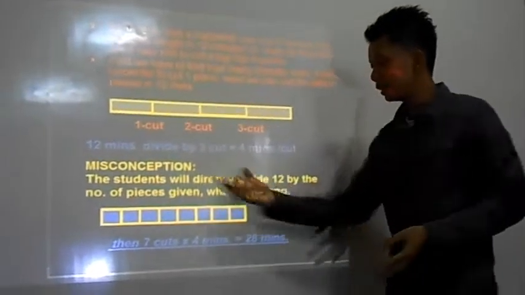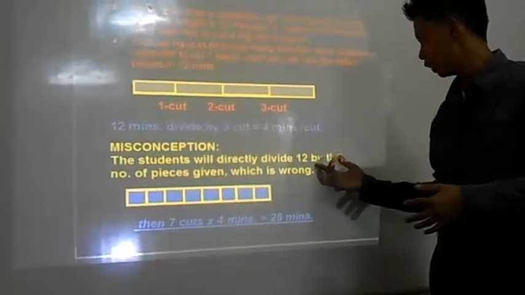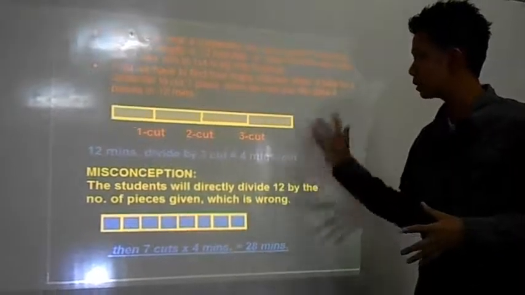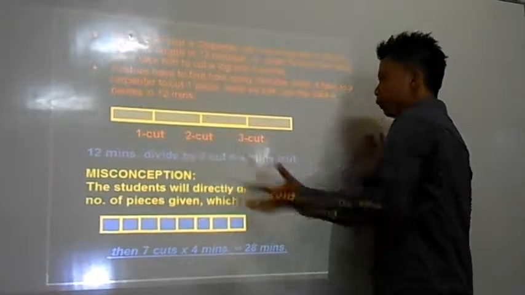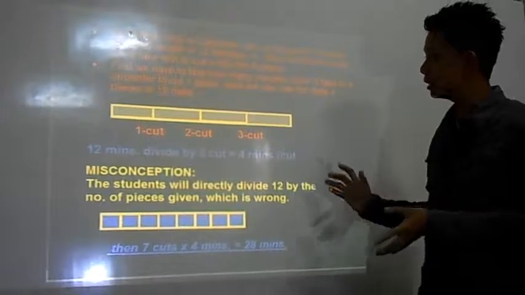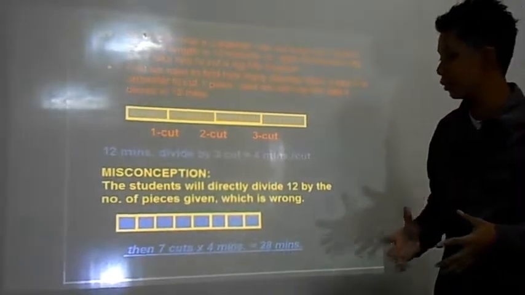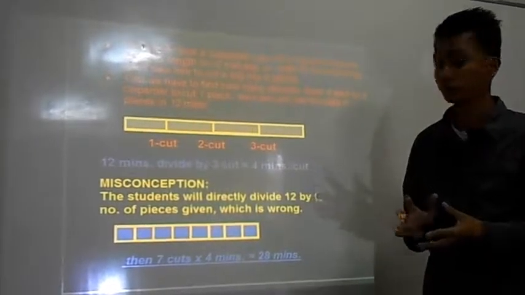So, let's address the misconception of the students. The students will directly divide 12 by the number of pieces given, which is actually wrong, because that's the common misconception. But in this particular case, with just a diagram, we can see that it's not just dividing directly; we have to illustrate it so that it is understandable for them.